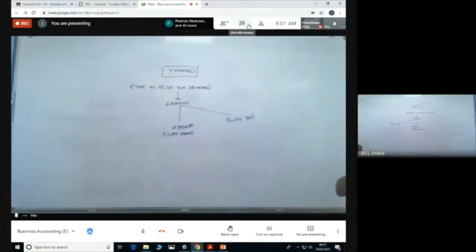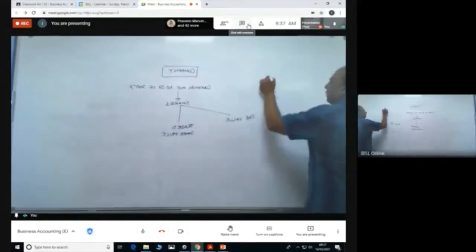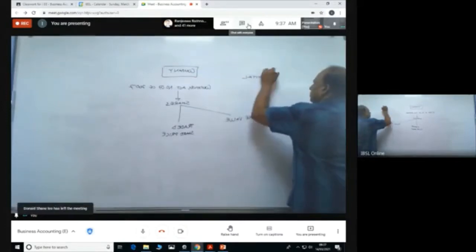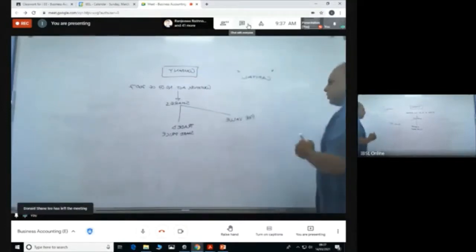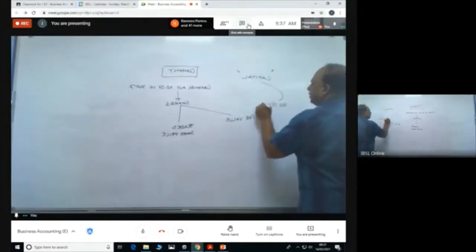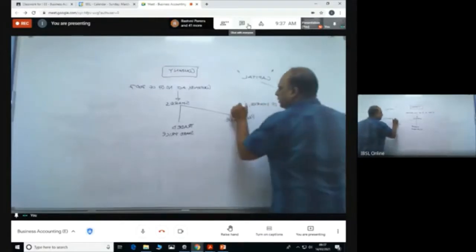But what you see in the company as capital is actually the number of shares that the company has issued multiplied by the par value.